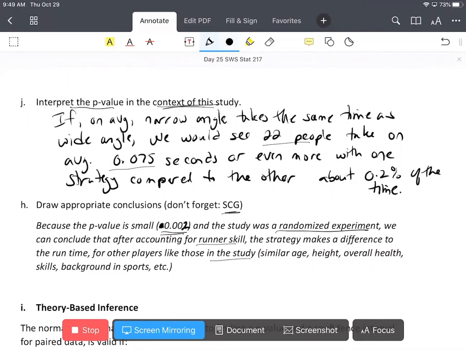Generalizability, remember, this is not a random sample. It was looking at runners, so there was a given sample. Causation, though, we can speak of because they were randomly assigned, all right? So don't forget to look at SCG as you do that.